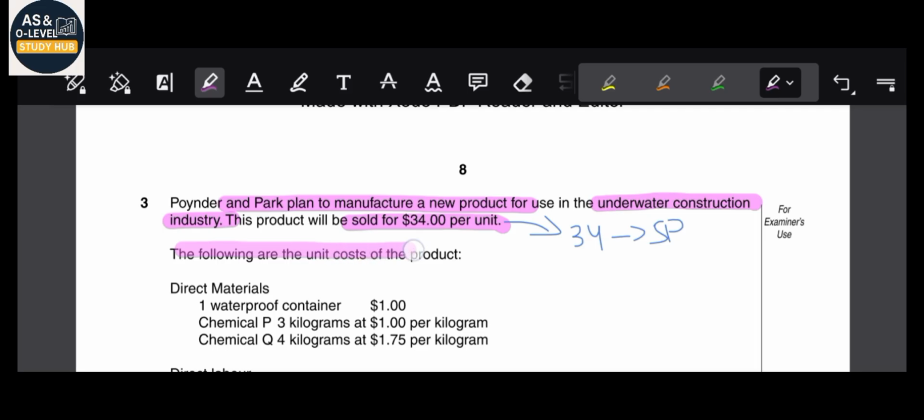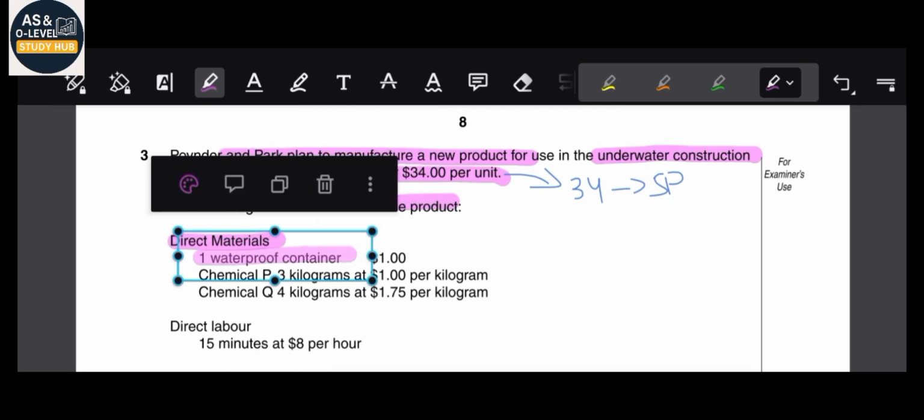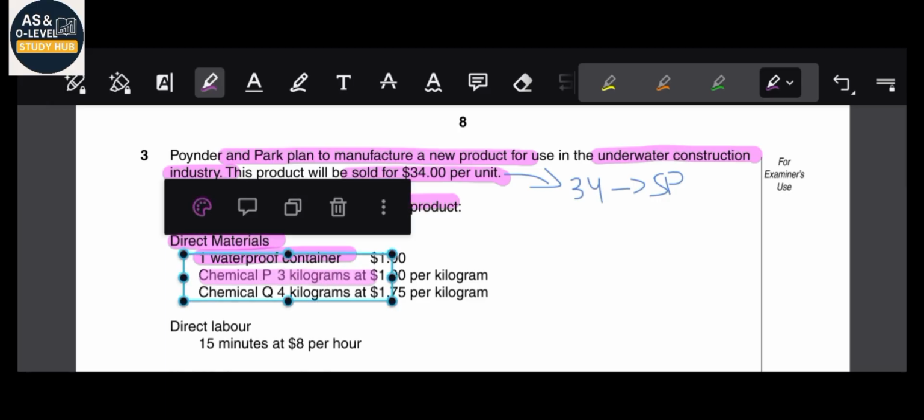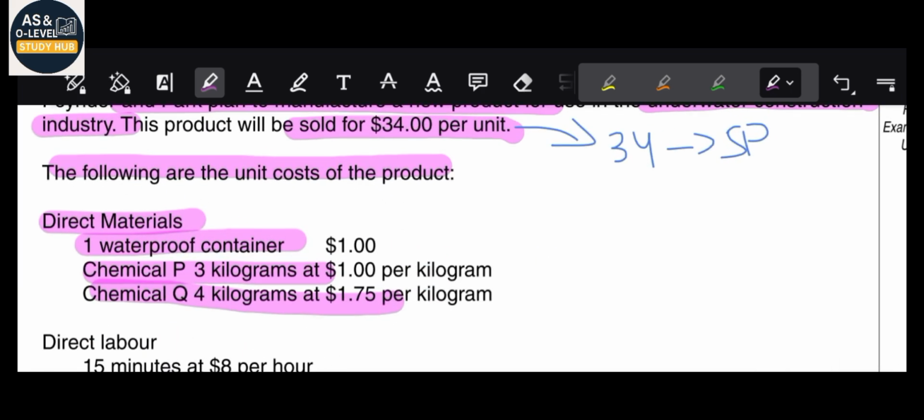The following are the unit costs of the product: direct material 1 waterproof container, chemical P 3 kg at $1, chemical Q 4 kg at $1.75 per kilogram. So first we will write our direct material cost per unit. The first one is 1 waterproof container, so it will be 1, there's no calculation to do.